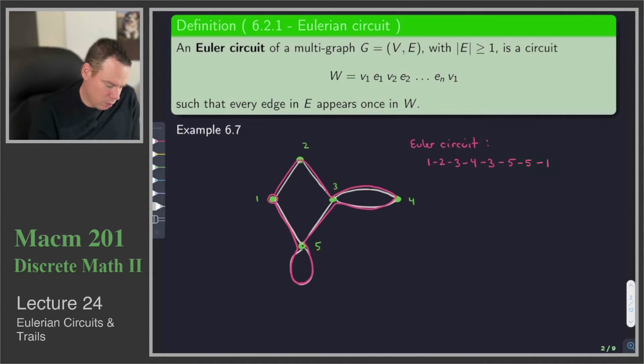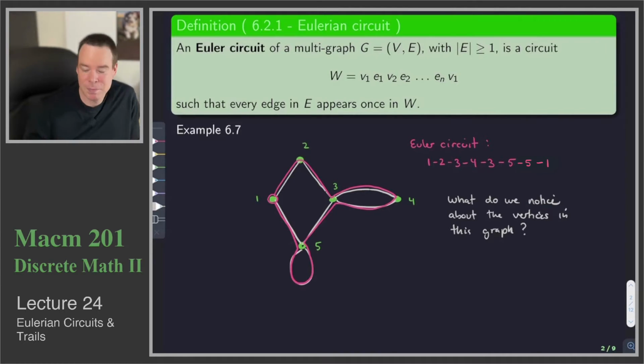Now I've got a question. What do we notice about the vertices in this graph? Okay, what do I mean by that? Well, there's many things to notice, perhaps.